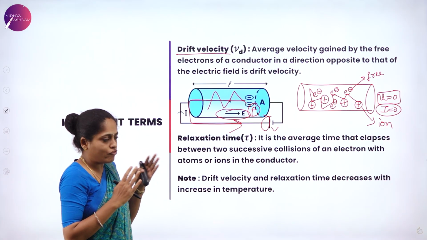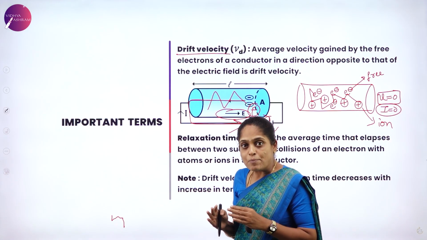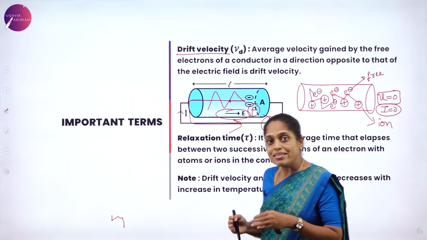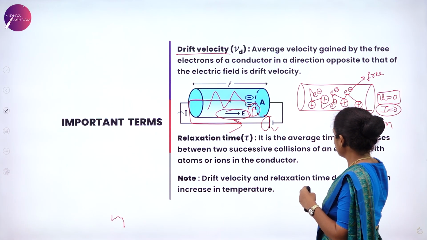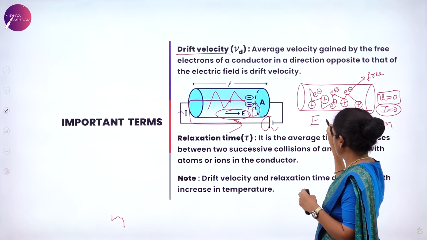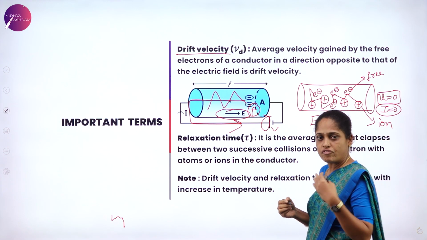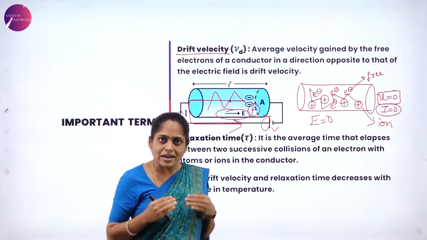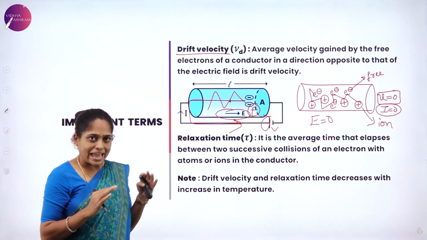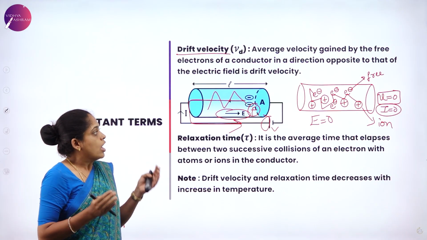You can also understand it like this. Instead of free electrons, imagine students in a playground without the teacher. Without the teacher means there is no electric field, and they play and run in all directions randomly.